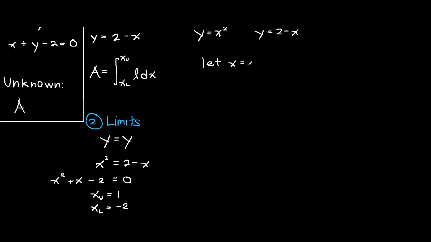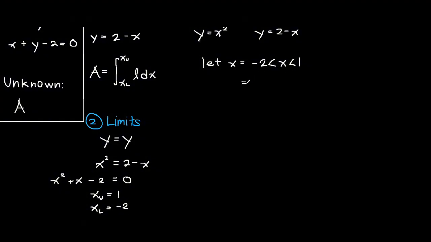So let x be a value where negative 2 is less than x, and x is less than 1. So our value of x should be in between negative 2 and 1.